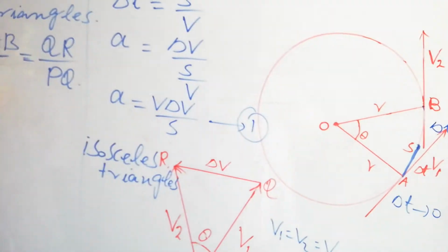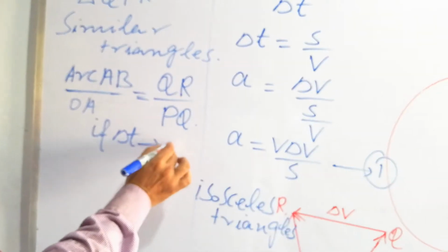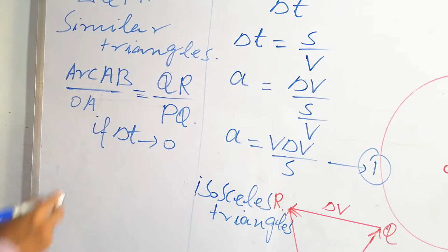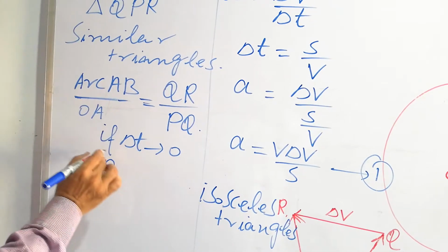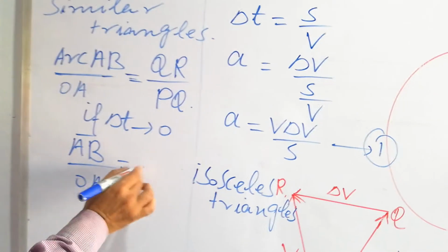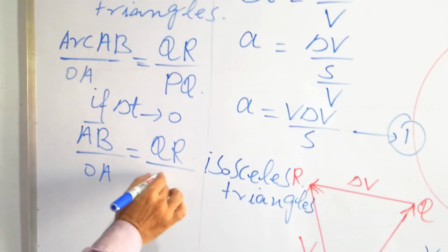So we can say if delta t tends to 0, then this arc AB turns into a straight line. So that is the straight line here, divided by OA, it is equal to QR divided by PQ.